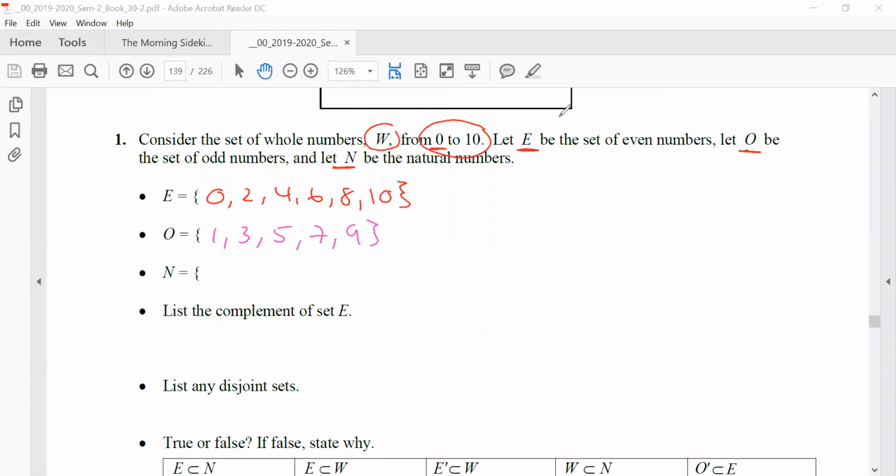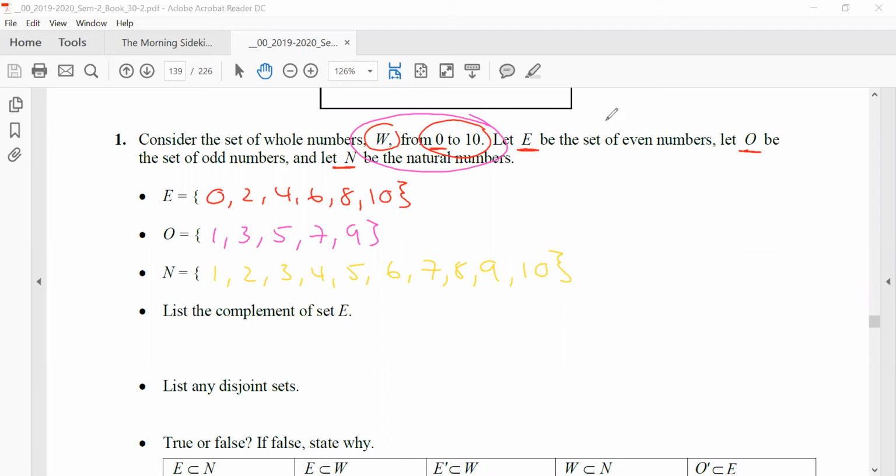Natural numbers, I really need you to know, are the numbers you first start learning when you're really little. You start counting on your fingers usually. The idea of 0 isn't actually a natural thing. It takes a little bit of higher thinking to come to the idea of 0. So natural numbers start at 1. Whole numbers I always say are the numbers that start with the hole in the middle, 0.